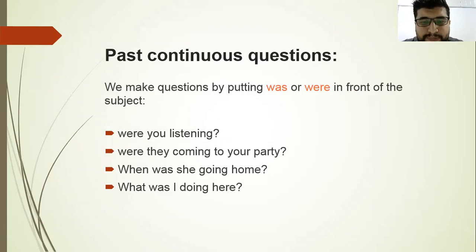So we use past continuous questions to ask about an activity that happened in the past, okay? We make questions by putting was or were in front of the subject, okay?